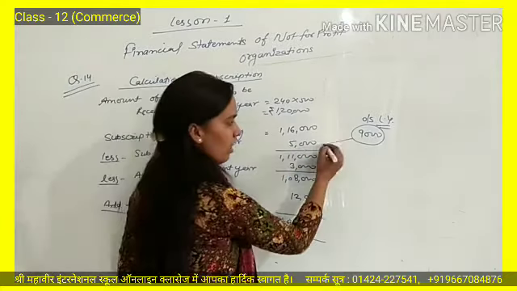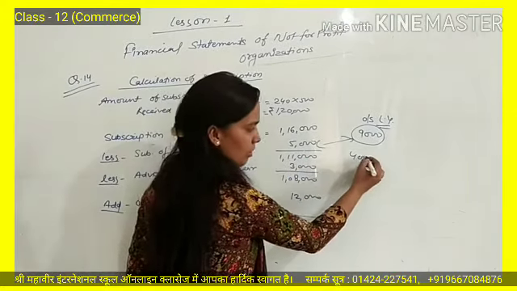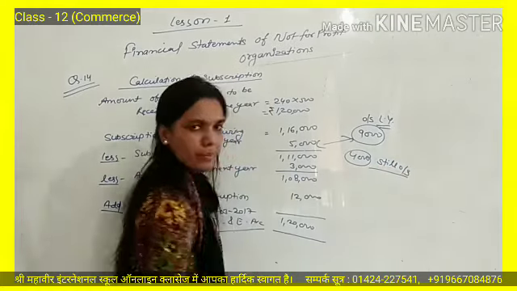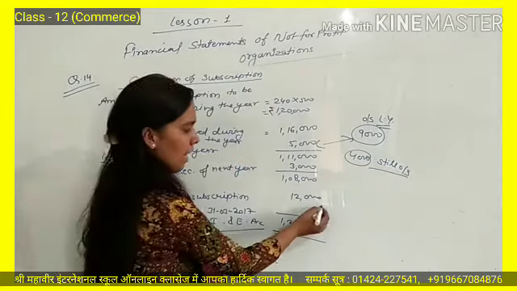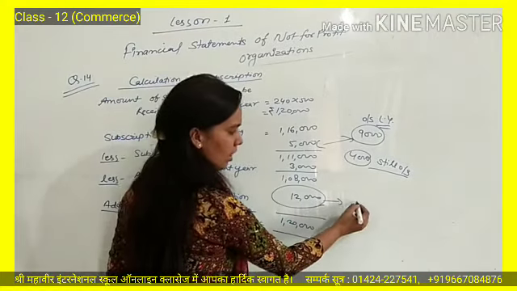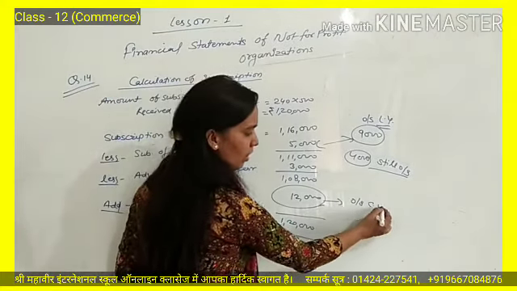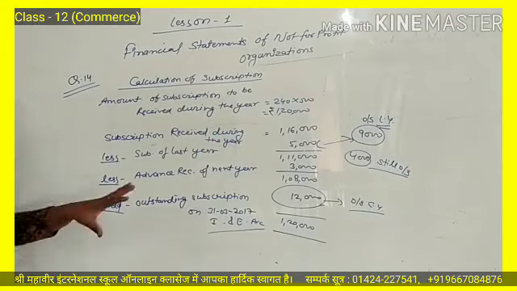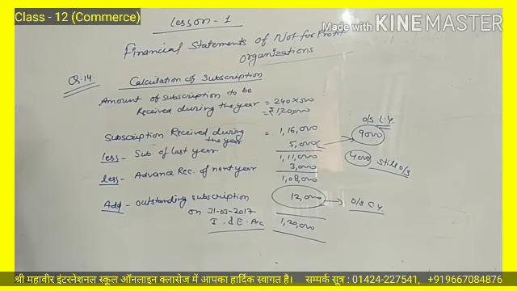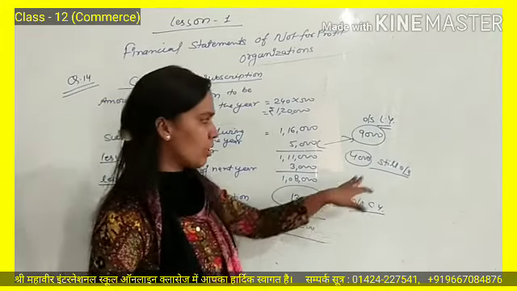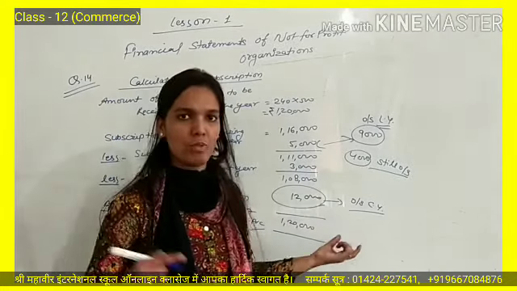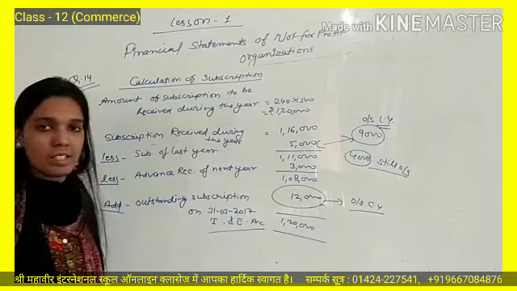So you can say that 4,000 subscription is still outstanding of last year. This is the first point. And second point, 12,000 is outstanding of the current year. So these 2 points will be shown in your balance sheet. Means total 12,000 plus 4,000, 16,000 rupees outstanding subscription will be shown in the balance sheet on the asset side.